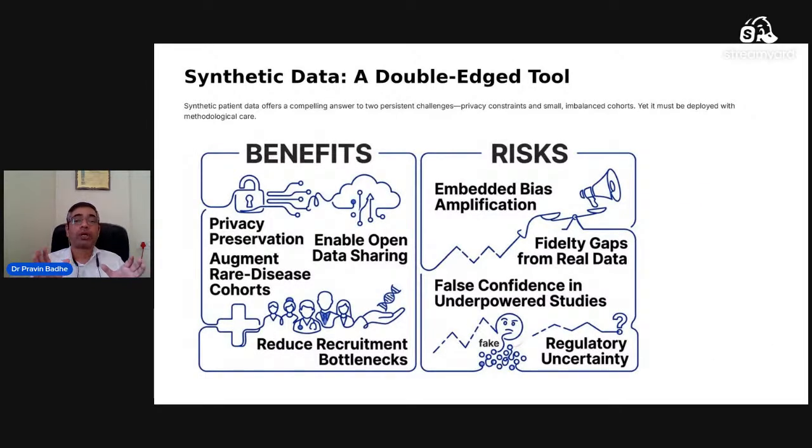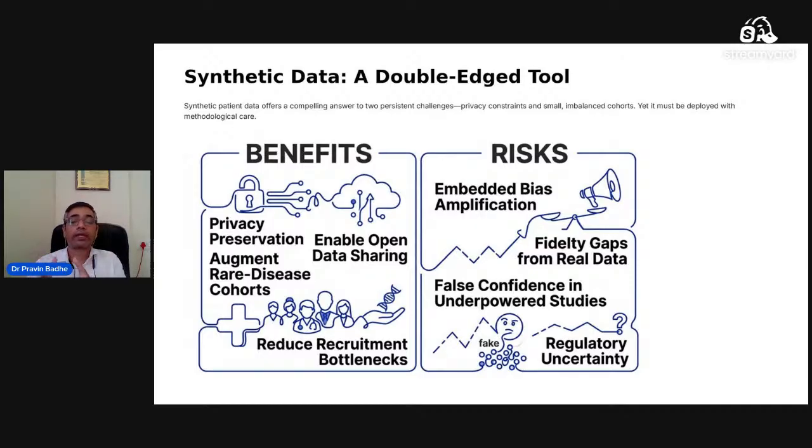So now, when we are looking at synthetic data, whether from literature or from the clinical point of view, there are benefits and risks as well. You need to understand that in the benefits there is privacy preservation. It enables open data sharing, augments rare disease scoring, and also reduces the recruitment bottleneck.